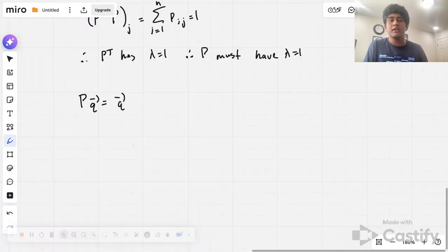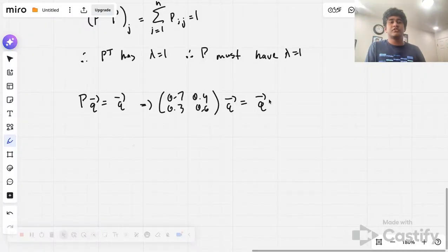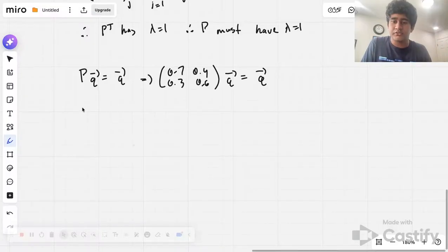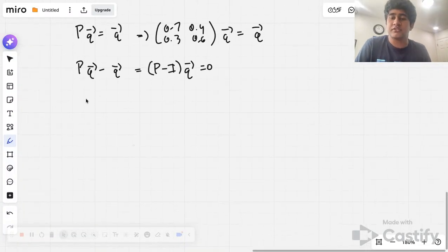So what is our vector q in this case? We get the matrix 0.7, 0.3, 0.4, 0.6 times q is equal to q. To simply solve this, we can just look for the null space of P minus the identity matrix, which we get from P minus the identity matrix times q equals 0. So let's actually calculate this out really quickly.